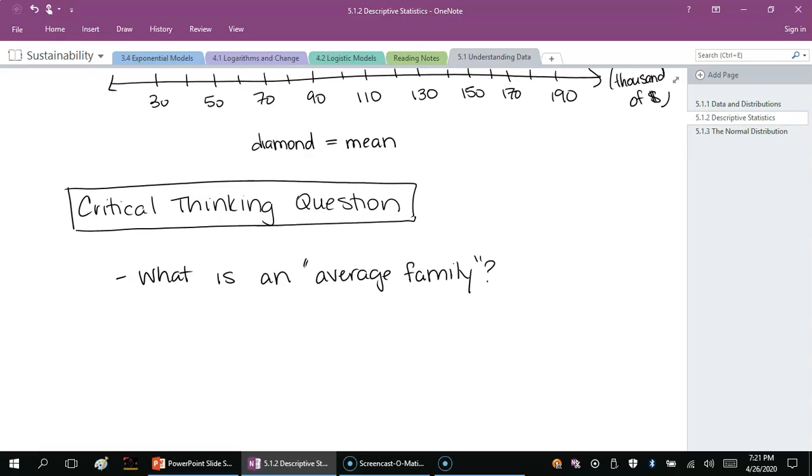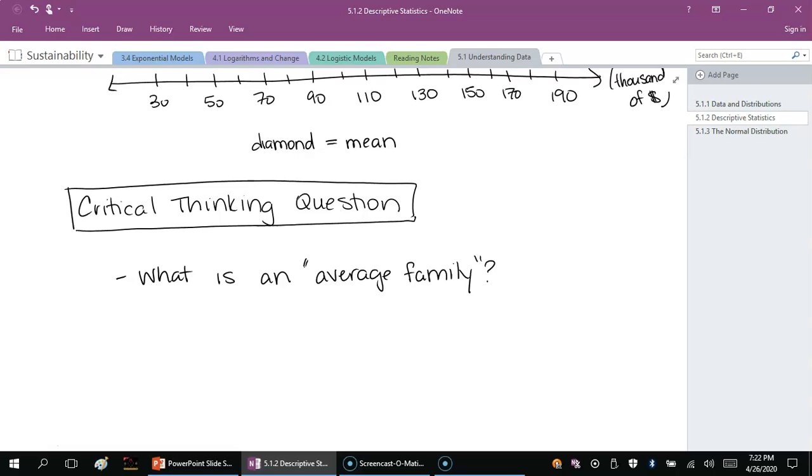There's no such thing as the average family. You hear jokes about this in other contexts as well, like the average family with their 2.1 children and their 0.7 dogs. We understand that those numbers aren't actually describing a realistic family. So I don't even know what sort of family this is supposed to be describing.